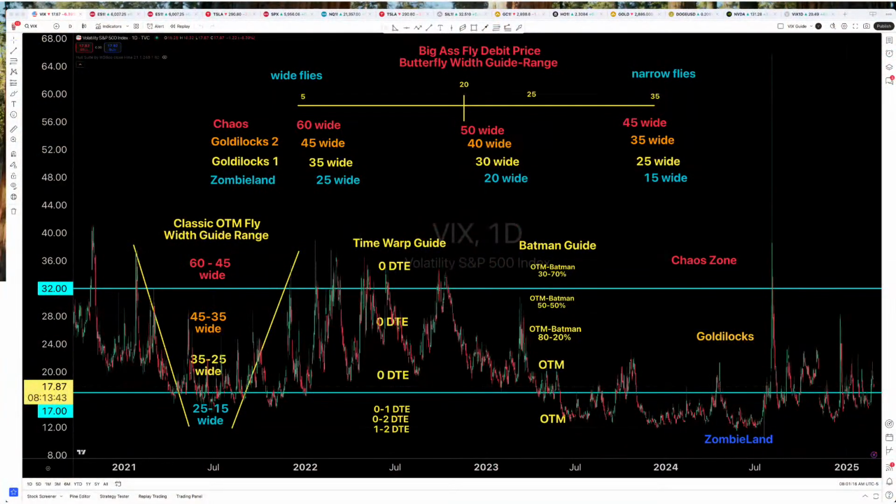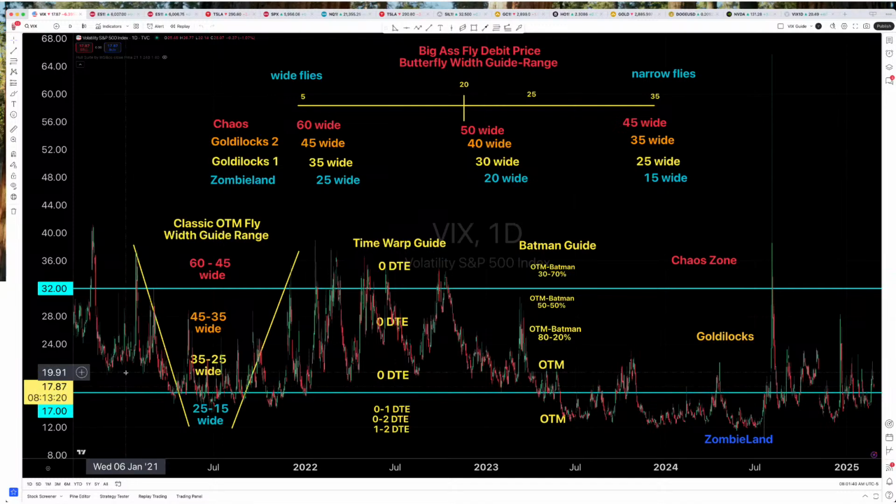All right, here we are with the VIX, and we can plainly see that it has dropped a little bit. It got up to 21.5 yesterday, but now it's down to 17.87, threatening to leave the Goldilocks zone. No, don't say it's so.